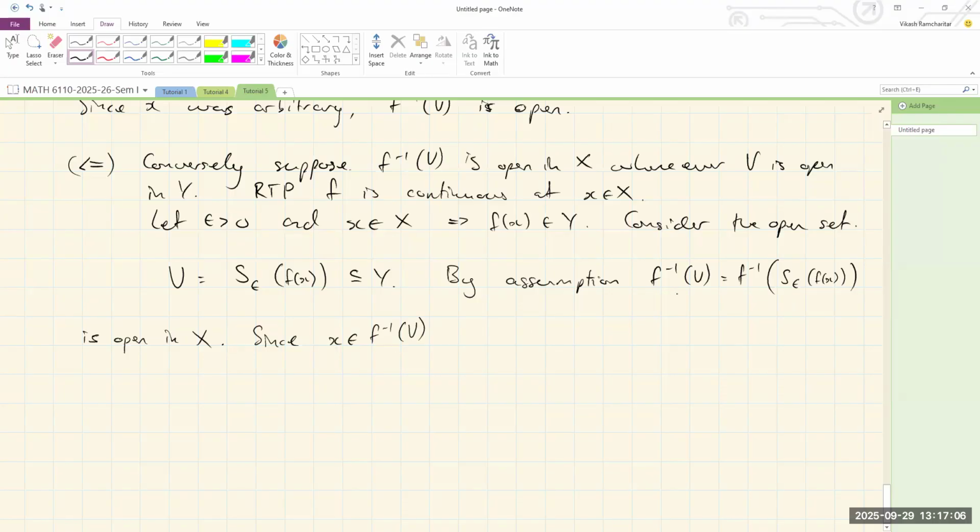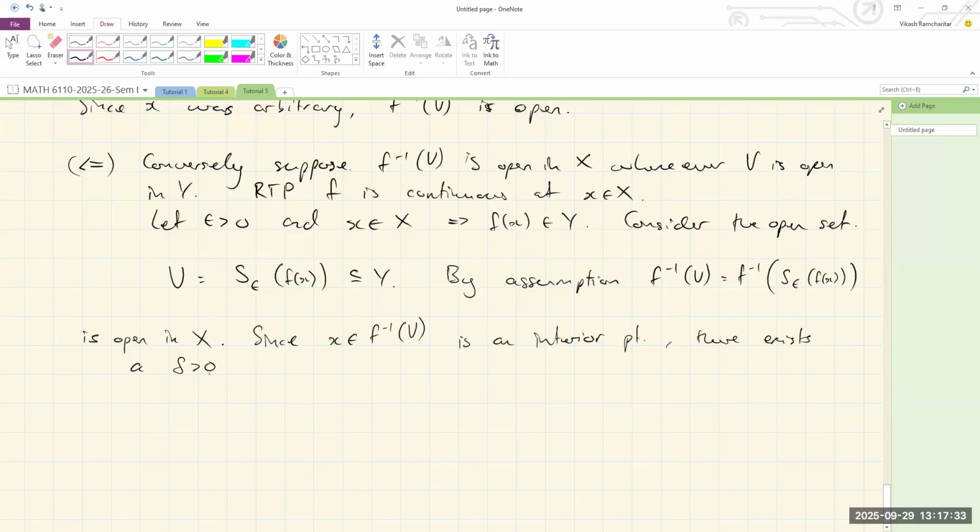And I know that this set, the preimage of V, is an open set. So X is an interior point, because it's an open set. There exists a delta, right? That's where the delta is going to come from. Remember, we are searching for a delta.